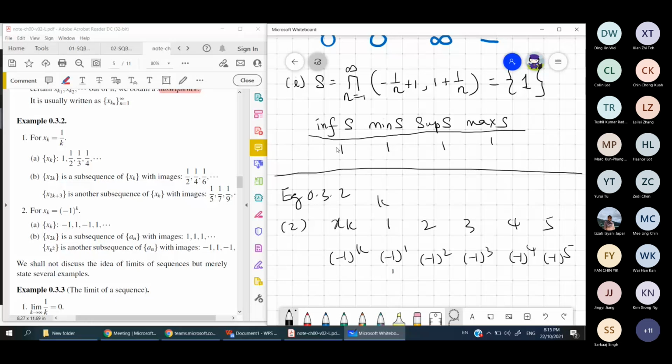So this is -1, this is +1, -1, +1, -1. So that's why this is the sequence -1, 1, -1, 1.